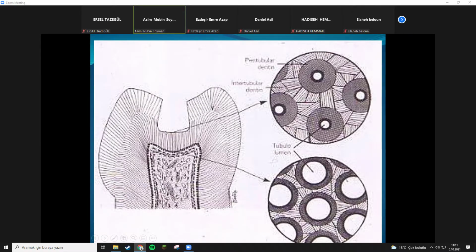To bond the composite material with the dentine. But if you have a deep cavity, if the floor of the cavity reaches these areas, the diameter of the dentinal tubuli are large. And that means there is too much water in the region which is close to the pulp dentine junction.